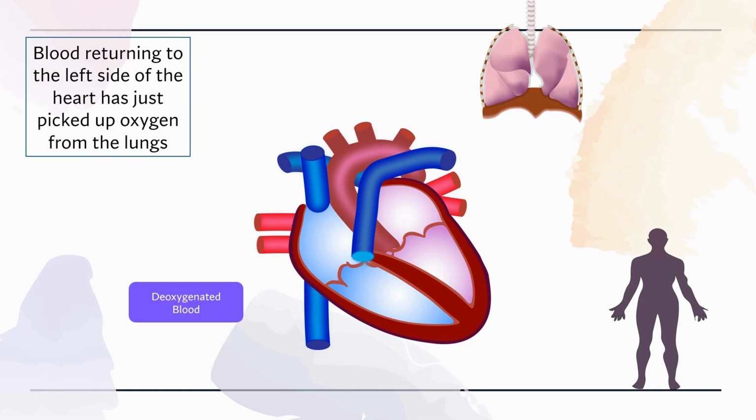And when we have blood returning to the left side of the heart, it has just picked up oxygen from the lungs. And so we often refer to this as oxygenated blood. And the left side of the heart, the atrium and the ventricles, are often shaded in much more of a pink, a red sort of color because the blood cells look much brighter when oxygen is attached. So it does tend to have that more reddish pink appearance.